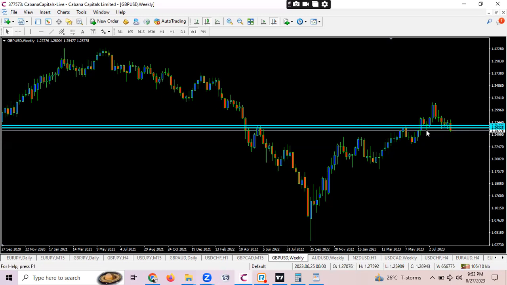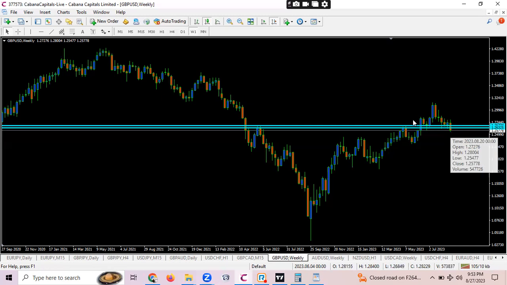It could be that it just swept liquidity at this low and this low and also this low. That could be the purpose for the bearish move we saw last week. So it's possible for price to start pulling back because they've already achieved their goal. Okay, so it's possible for price to start going up from the current market price.